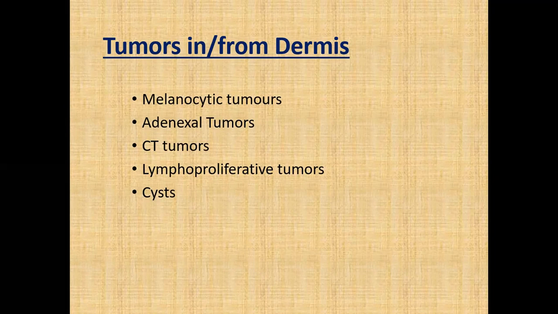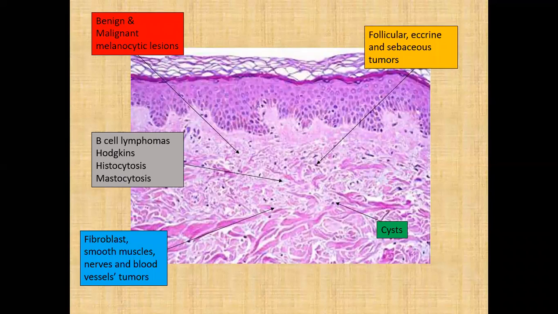Then lymphoproliferative tumors, which include Langerhans cell histiocytosis and non-Langerhans cell histiocytosis, mastocytosis, and B-cell lymphomas, will be seen within the dermis. And last but not the least, different kinds of cysts will be seen within the dermis. So what do we expect? What different kinds of tumors do we expect in the dermis?